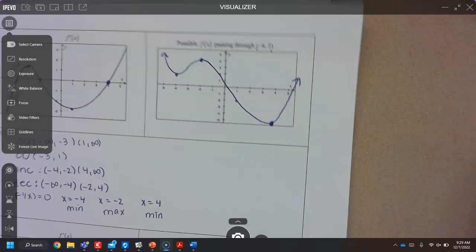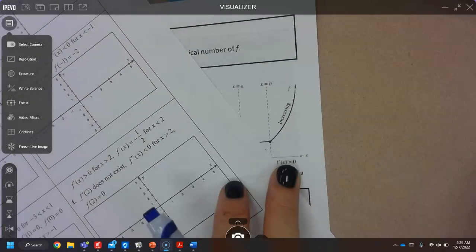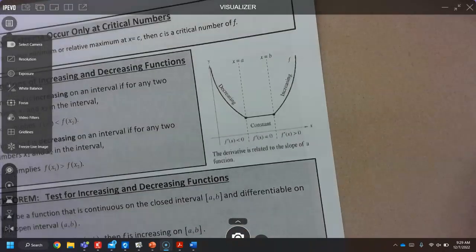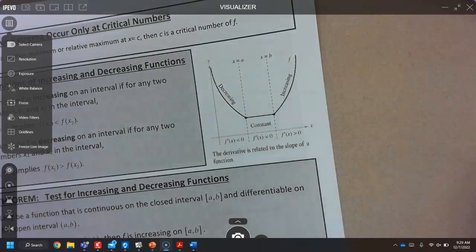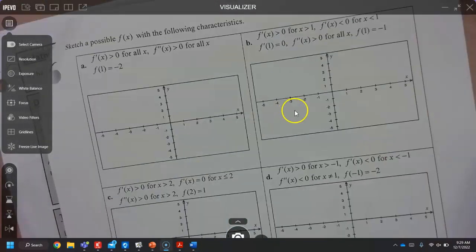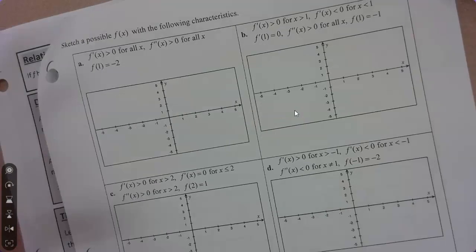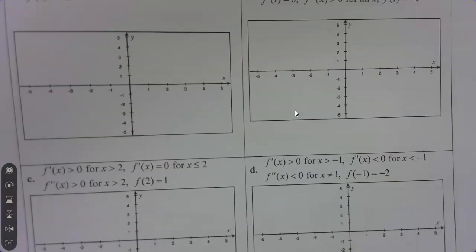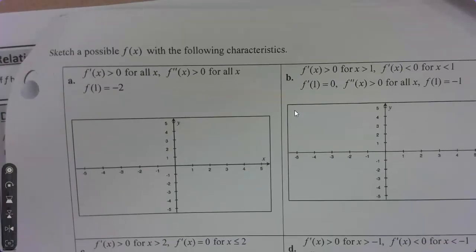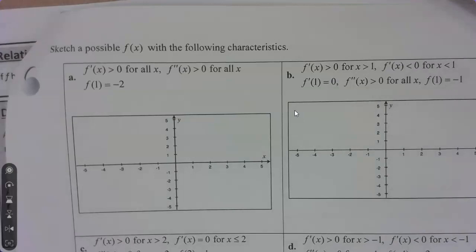Okay, let's go to the back page where it has a different setup. On the back page, it has sketch a possible graph with these given functions. So now you don't know the derivative, you just know what the derivative or the second derivative are doing.